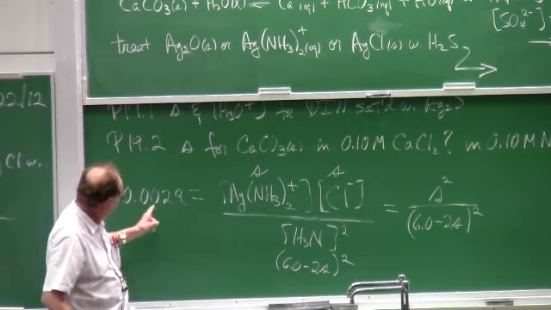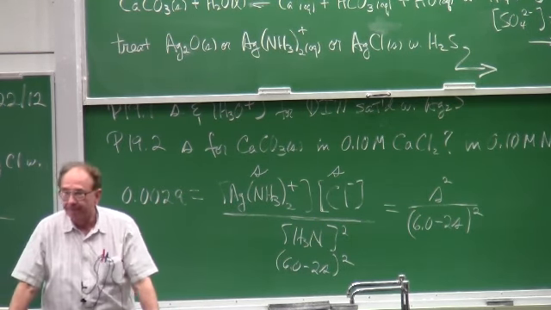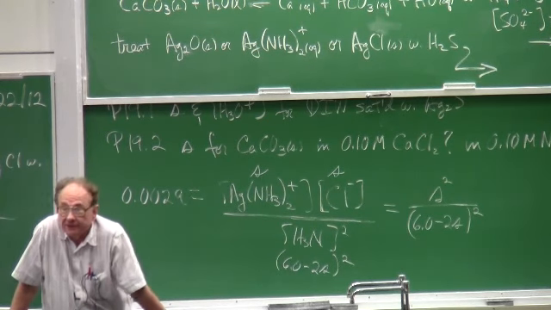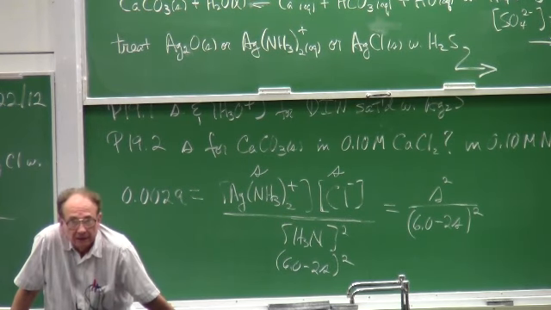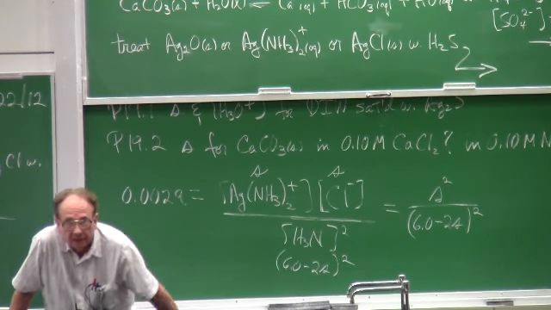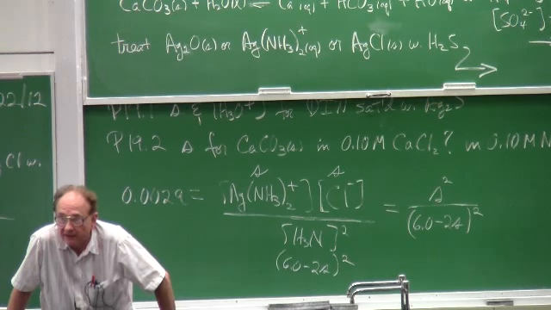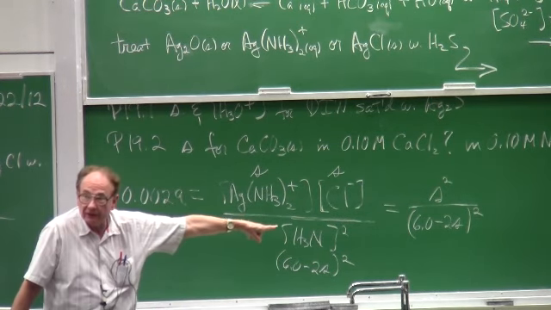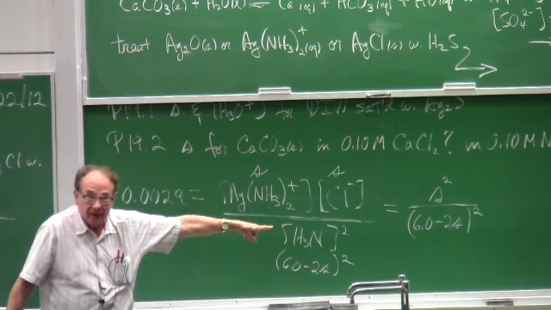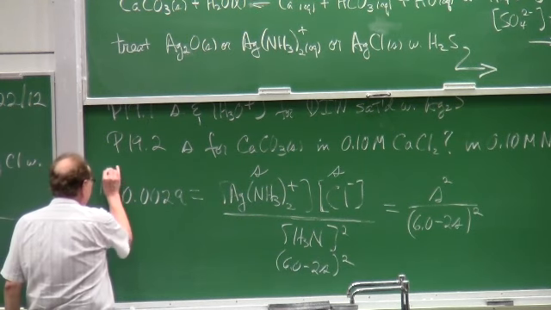What are we going to do to solve this thing? Any suggestions? Square root of both sides. Would you like to take the square root of both sides? Is that a perfect square? Yeah. Let's do this.